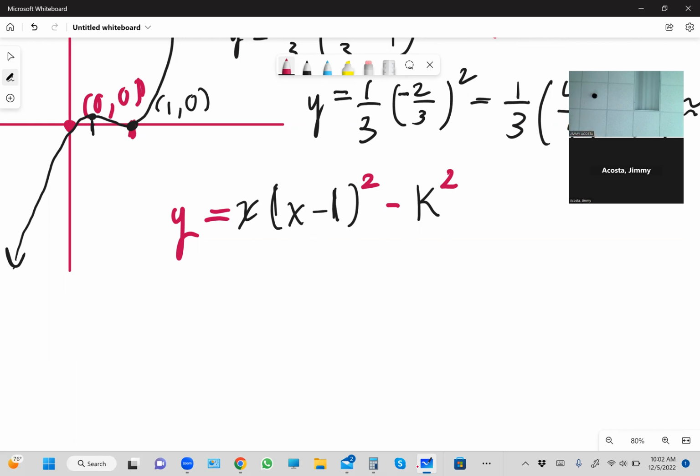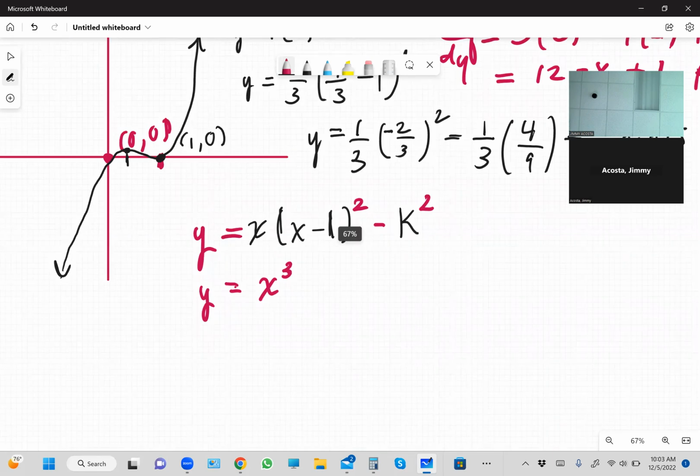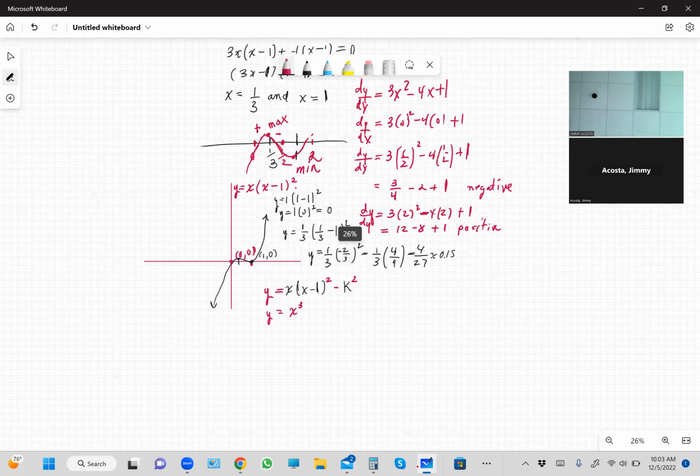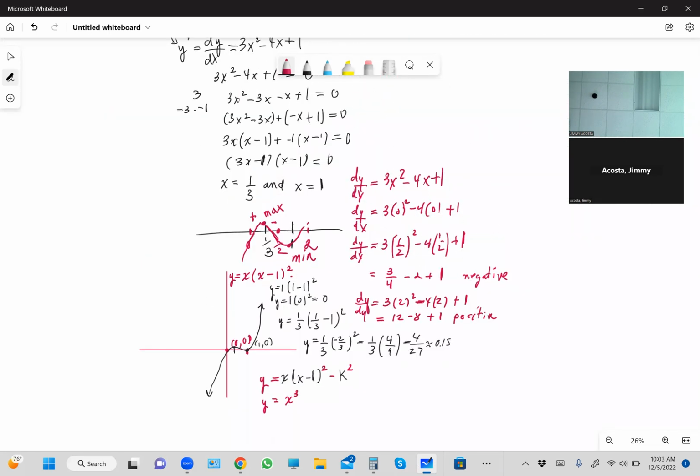Okay, so before it looked like this. Before it had equals k squared. Now I just subtract this k squared over. So now if I expand this, and I have to be careful how I do this, I have x to the third. I shouldn't be doing this in my mind. I'm going to pull back and take a look at the original stuff up here.